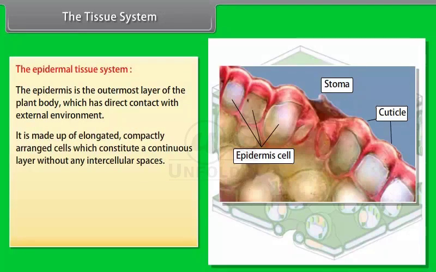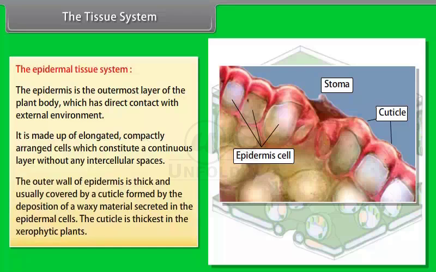It is made up of elongated, compactly arranged cells which constitute a continuous layer without any intercellular spaces. The outer wall of epidermis is thick and usually covered by a cuticle formed by the deposition of a waxy material secreted by the epidermal cells.